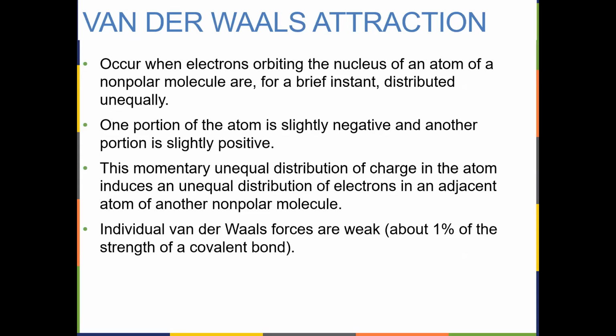So if you have a molecule that is balanced, for example, the electrons are moving around the individual atoms in the large molecule, and randomly and occasionally we may see one side of that molecule become slightly positive, while a molecule adjacent to it becomes slightly negative, and they are attracted together.